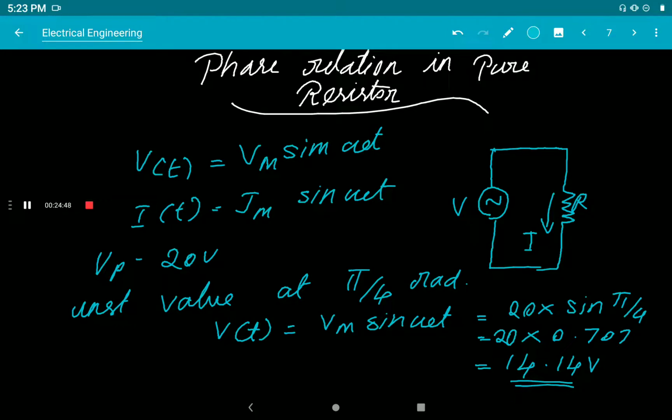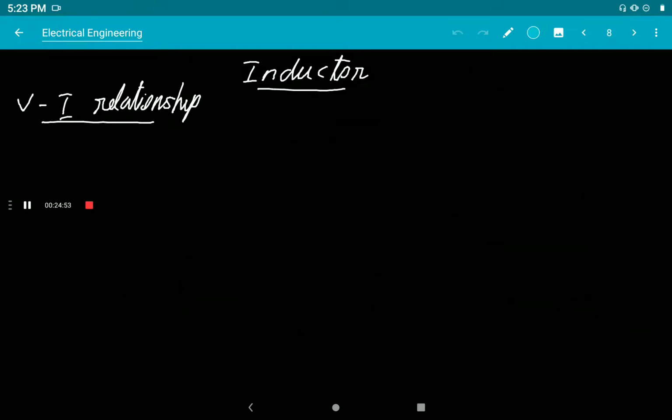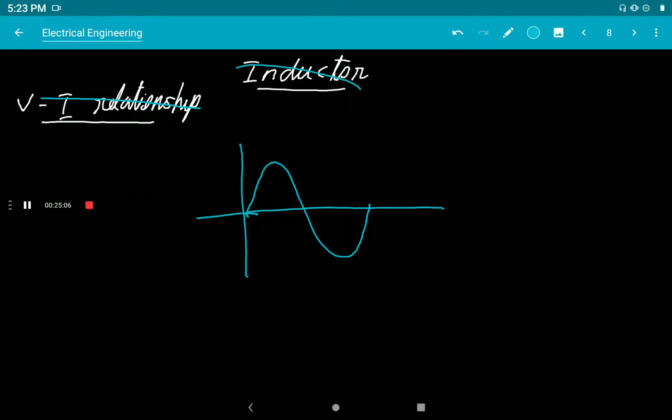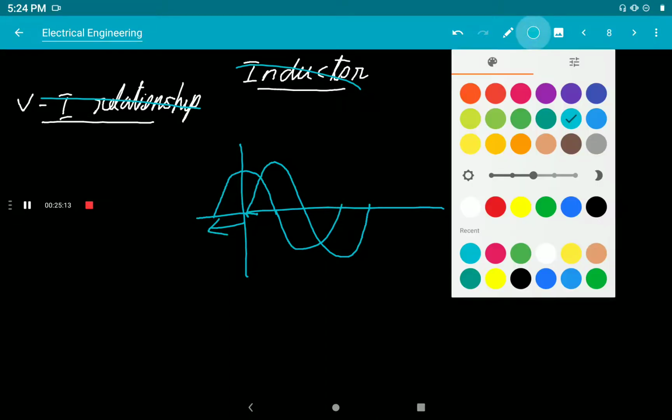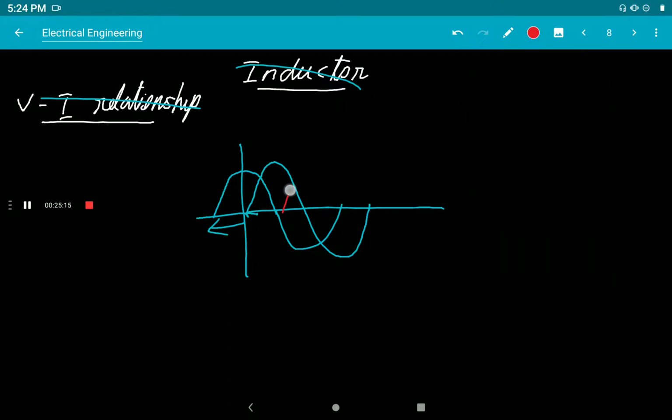You should remember one thing. When a sine wave is represented as the reference wave, and another wave is represented to the left of this wave, that waveform is a leading waveform. If a waveform is represented to the right of the reference wave, then that waveform is a lagging waveform.